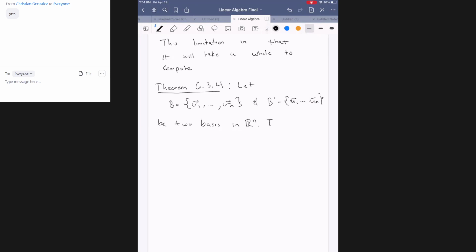Then P inverse, or the P that goes from B to B prime, can be found as follows: you put the vectors in B prime in a matrix, and then the vectors in B in an augmented matrix, RREF this, and the result should give you the identity here, and then the one that's here is the P inverse, a transition matrix from B to B prime.